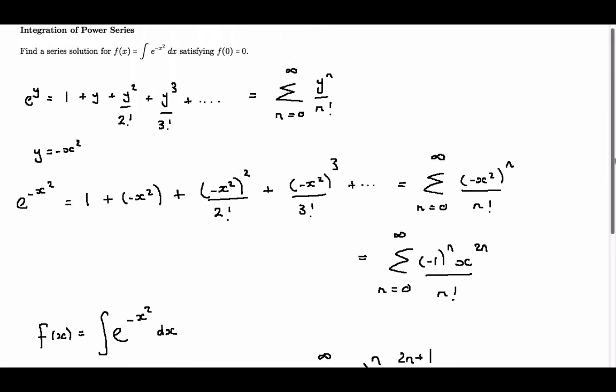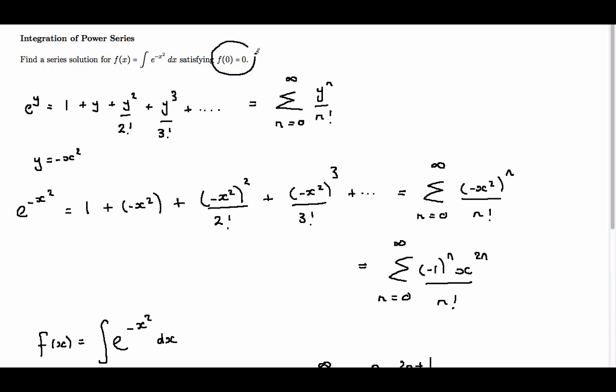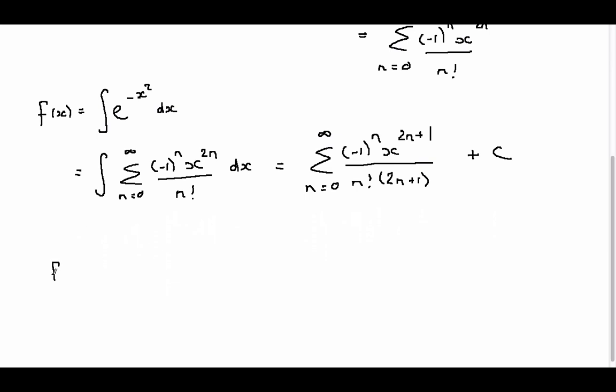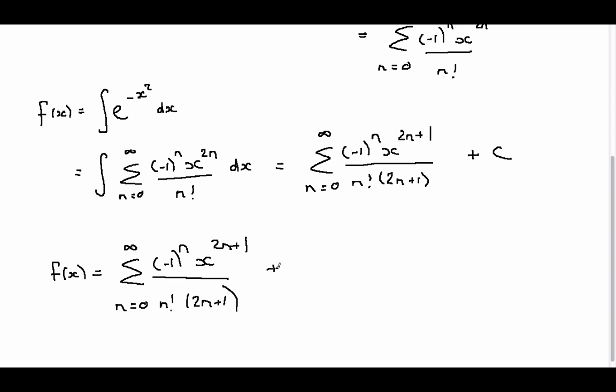But we can find a value of the plus c because we're told that f of 0 is 0. So if f of x is equal to the sum from n equals 0 to infinity of minus 1 to the n x to the 2n plus 1 all over n factorial times 2n plus 1, plus c, we can see that f of 0 is just going to be 0 plus c, and this should equal 0.